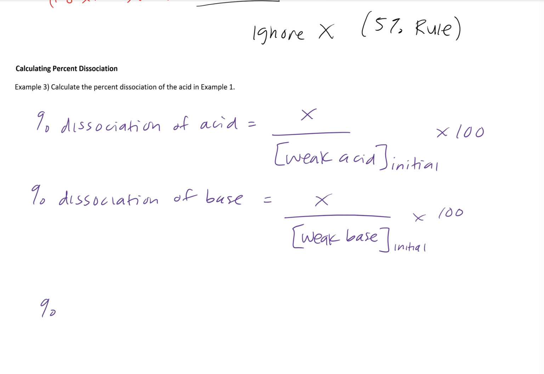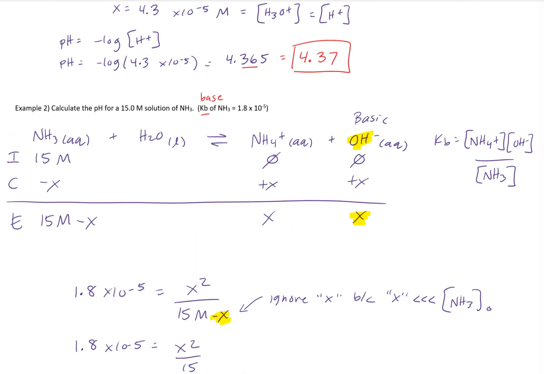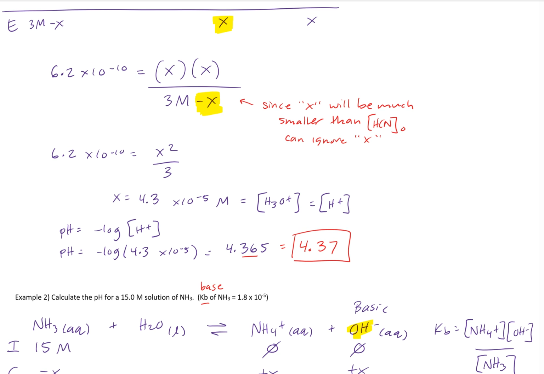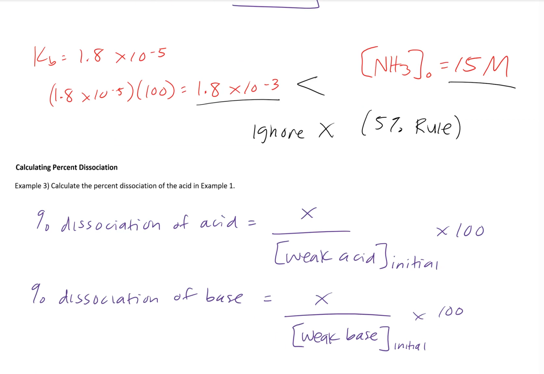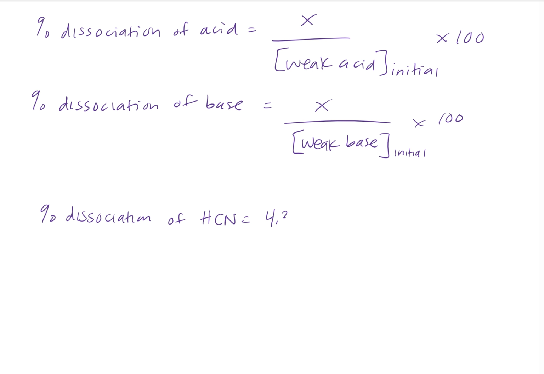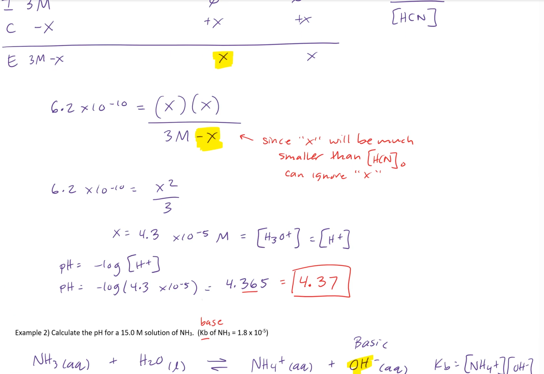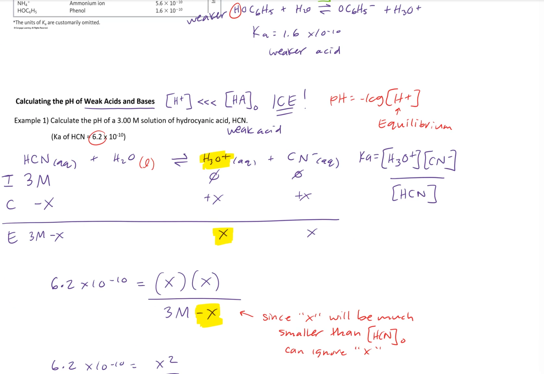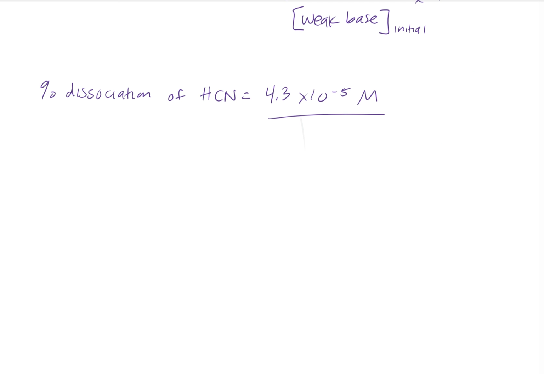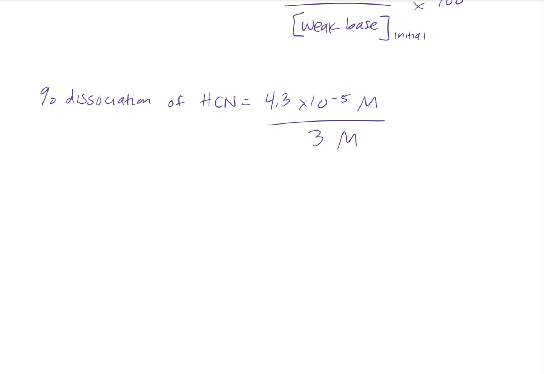So our percent dissociation of the hydrocyanic acid: take our X value from our ICE chart. It was 4.3 times 10 to the negative 5, over the starting concentration of the acid, it was 3 molar, and you multiply by 100.